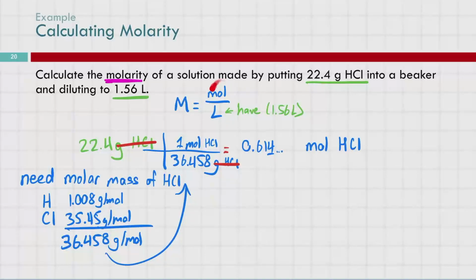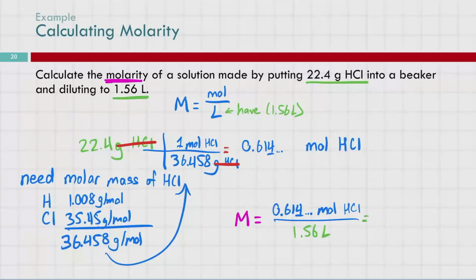Now that we have moles and we have liters, we can calculate our molarity. So big M, capital M, molarity equals 0.614... because there's other stuff and we're going to use it, divided by 1.56 liters equals.